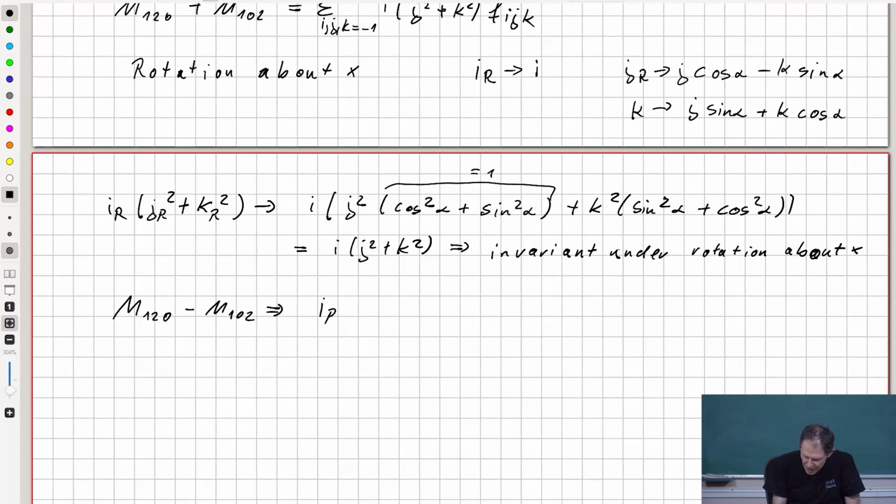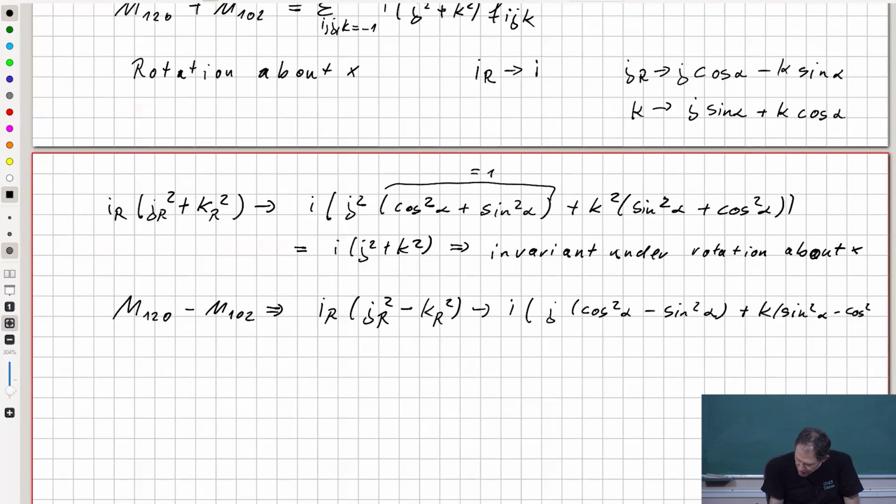This is j_r square minus k_r square, and this is now replaced by j cosine square alpha minus sine square alpha plus k sine square alpha minus cosine square alpha. And you see this is not invariant.